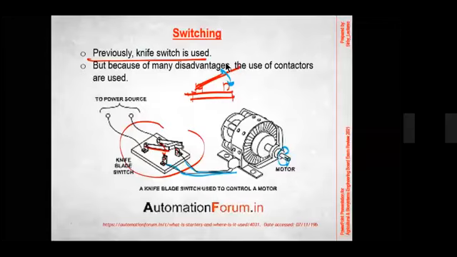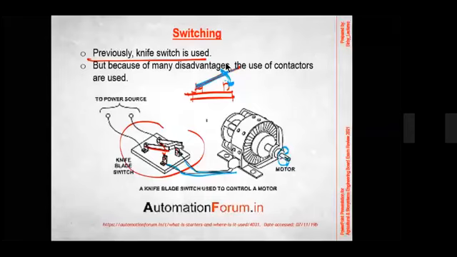Okay, so previously knife switch is used, but because of many disadvantages, the use of contactors are rather used, because when this knife switch comes into contact, then there's a possibility.